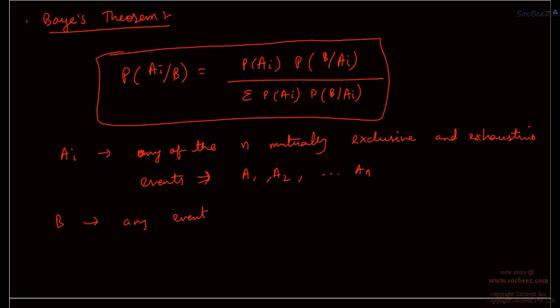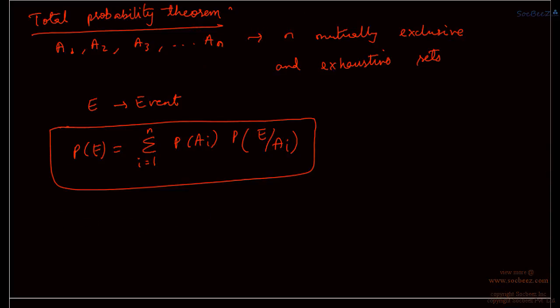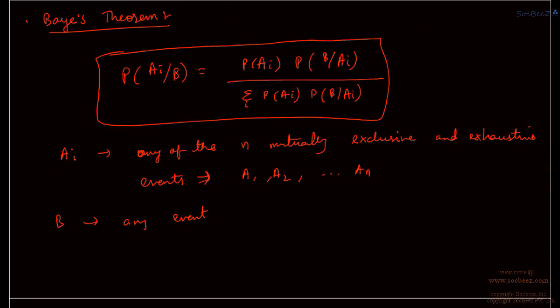The probability of the event Ai given that B has occurred is given by P of Ai into P of B given Ai, divided by, if you look at the denominator, nothing but P of B. From the previous formula we know that this is nothing but P of E, so here it will be P of B, summed over all i, and hence you get the total probability of the event B.